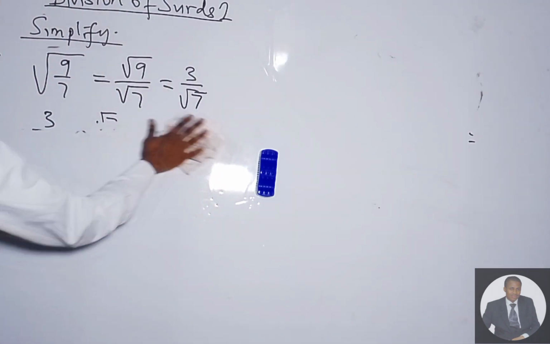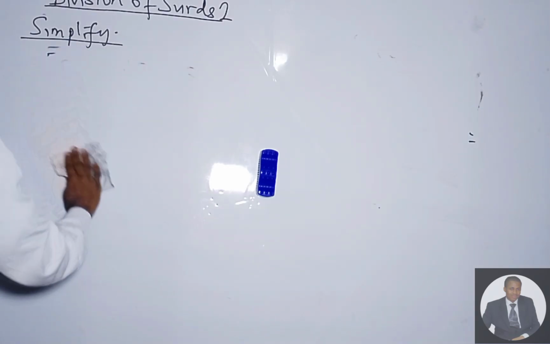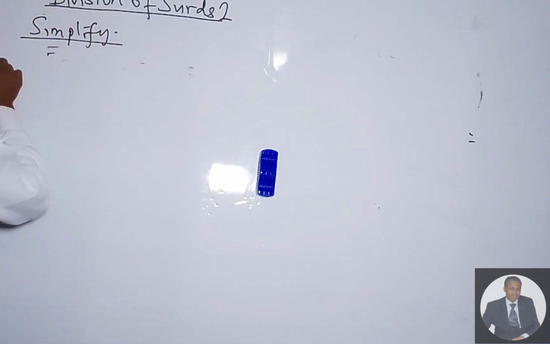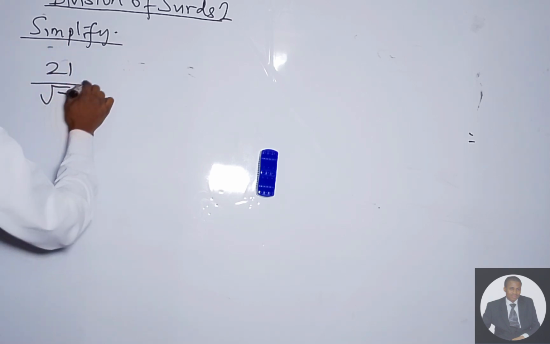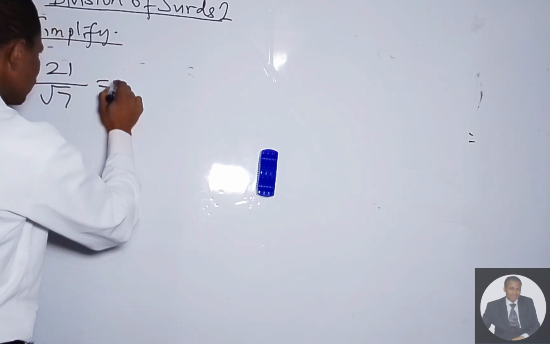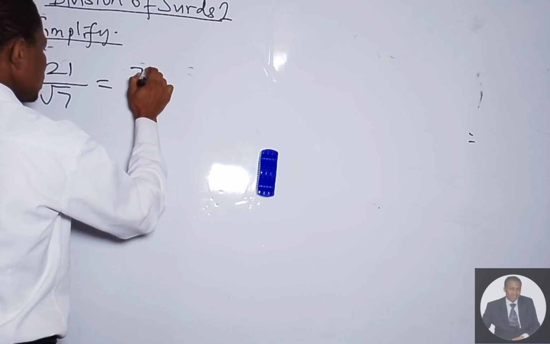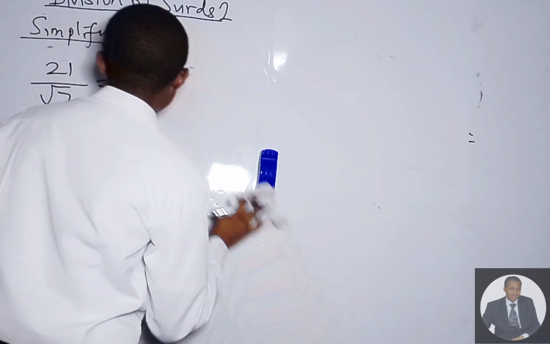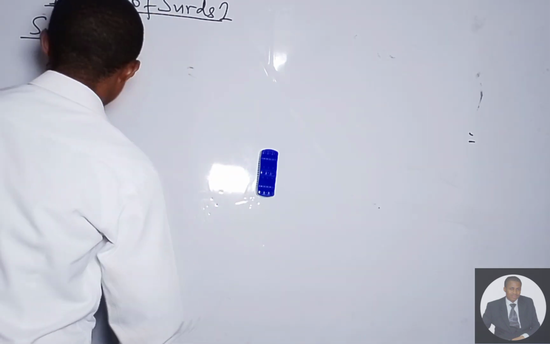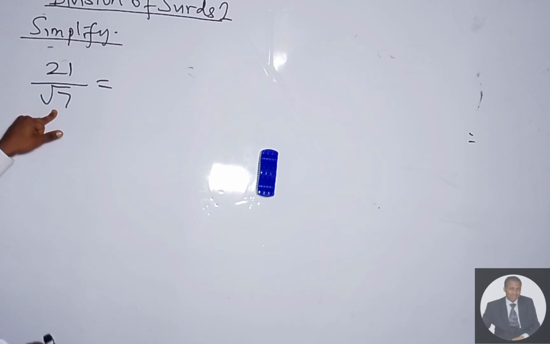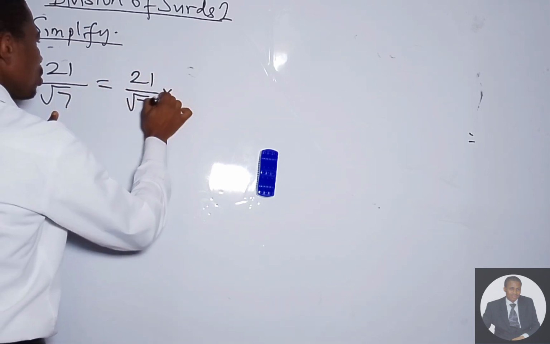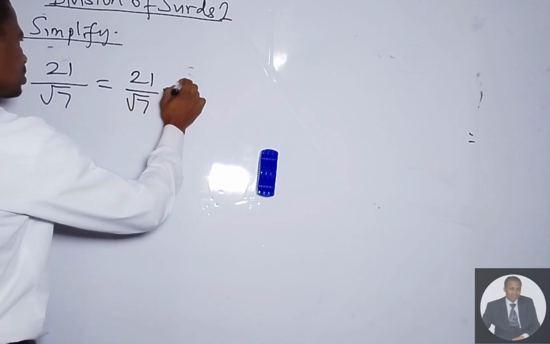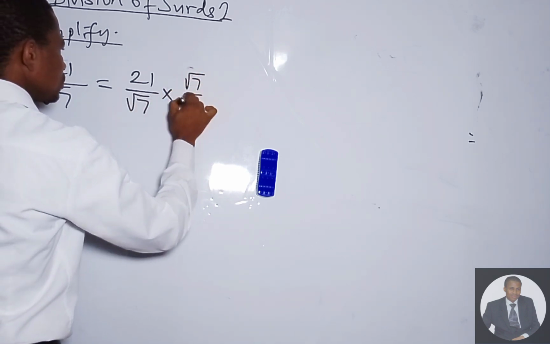Another question. Simplify 21 divided by root 7. 21 is equal to 7 times 3, as we know. But we will not. We'll have to rationalize this by multiplying the numerator and the denominator by root 7.